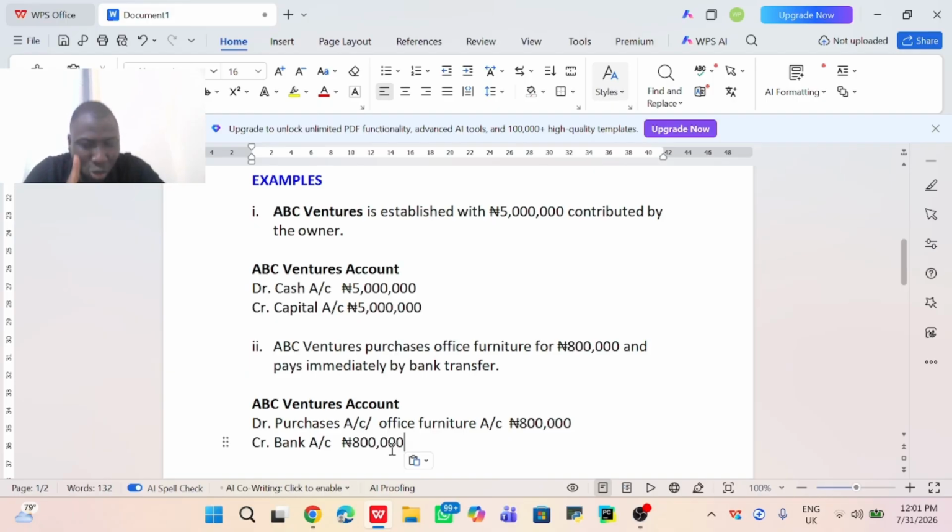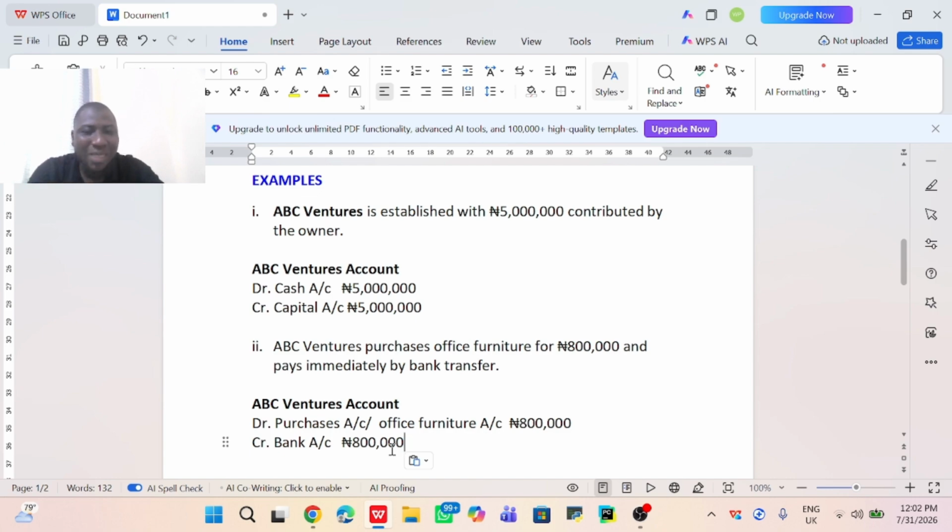Firstly, understand, you have to know who is preparing this account. In this example, ABC Ventures is preparing this account. What are the two accounts that will be affected? Office furniture account, and the bank account.